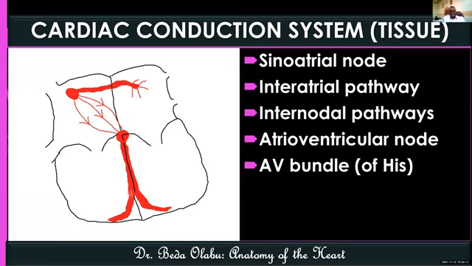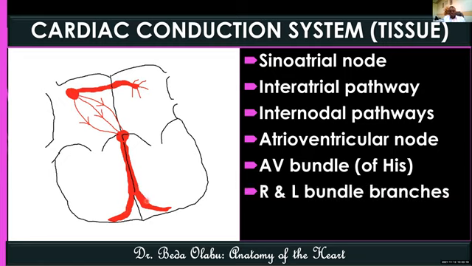It's this right bundle branch that is located within the moderator band. The left bundle branch usually divides into two as well. So you can talk of the left anterior bundle branch and the left posterior bundle branch. Eventually, from the bundle branches, we have the final component of the conduction tissue, which we call the Purkinje fibers.